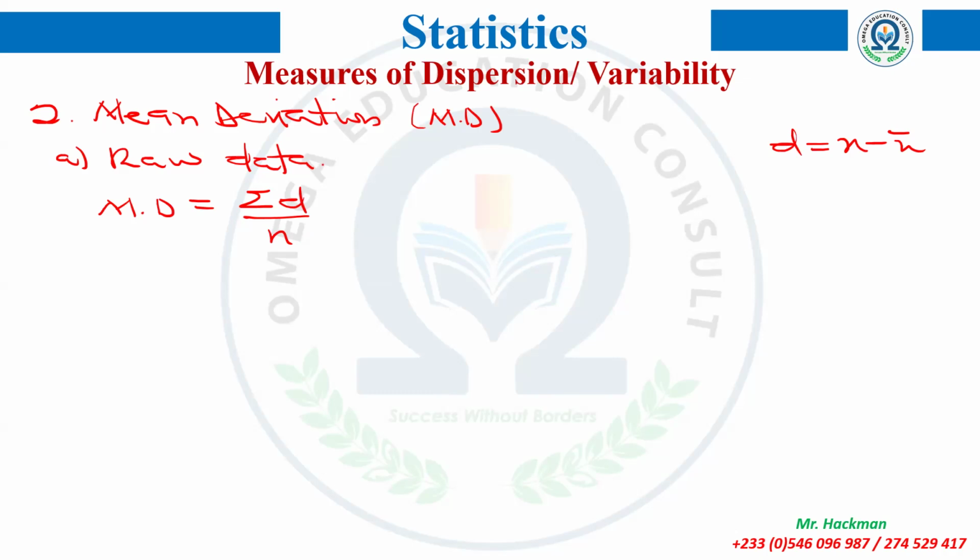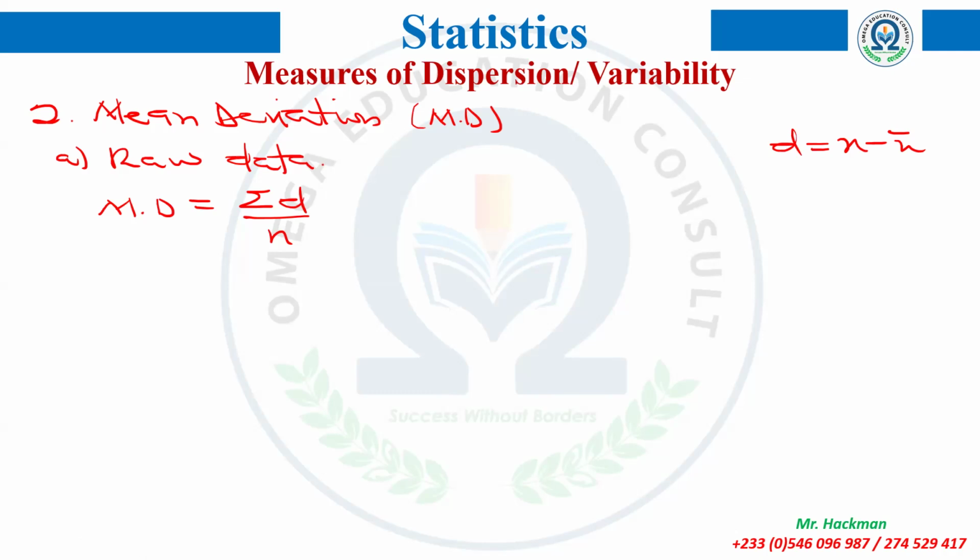Please take note. In most situations, the data that will be given will be symmetric data. So if you find the deviation of each observation from the true mean and you sum, your numerator here usually will be 0, and we want to avoid that. The reason we are getting 0 is that some of the values will be positive, some negative.